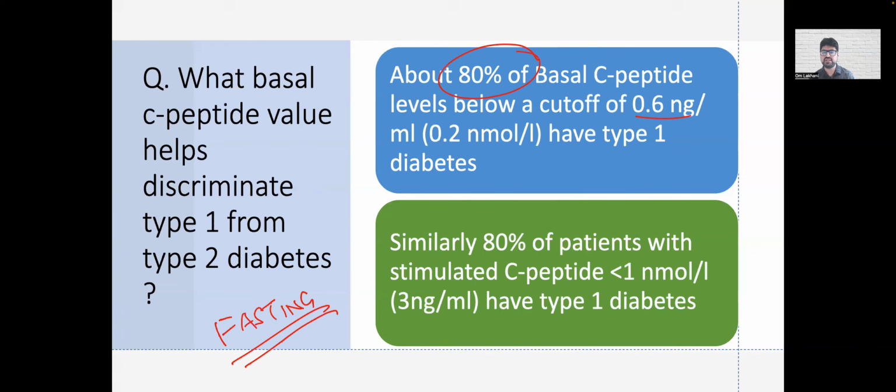Similarly, if the stimulated C-peptide value is less than 3 nanogram per ml, again it is suggestive of type 1 diabetes. Okay, again let me reiterate this point. If the fasting C-peptide is less than 0.6 nanogram per ml, it is likely to be type 1. And if it is post-stimulation less than 3 nanogram per ml, again 80% likely that you are dealing with type 1 diabetes.